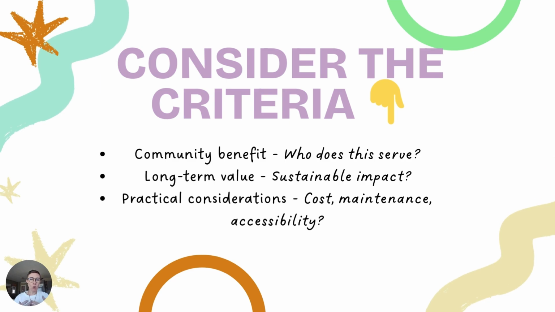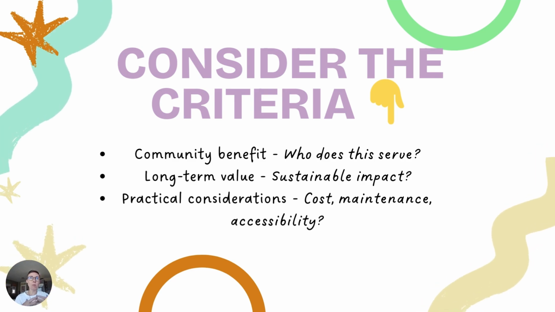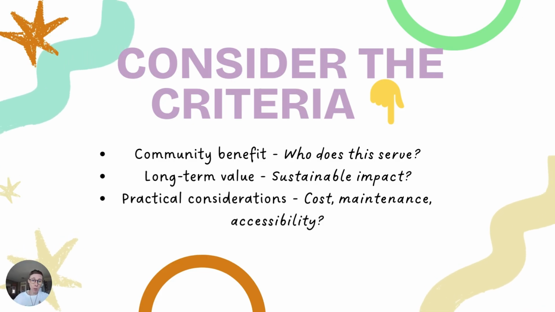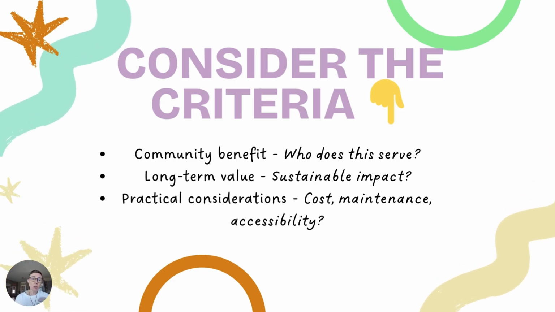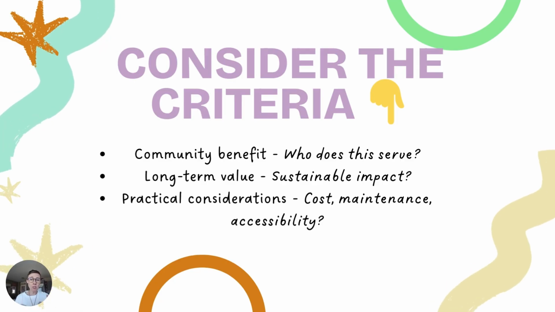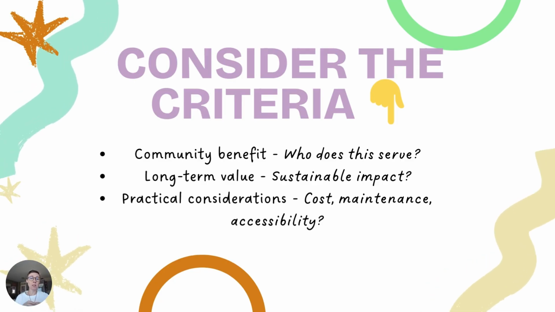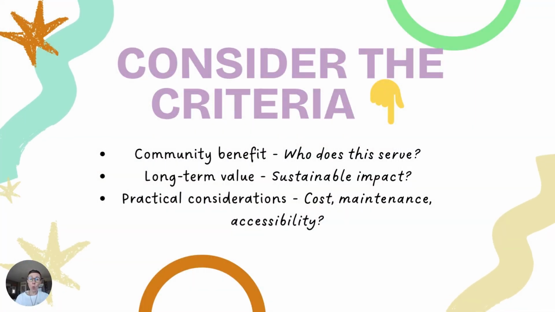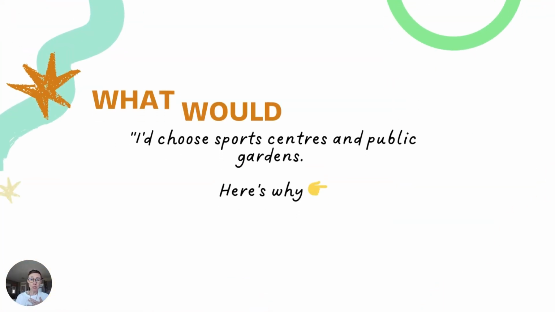Which of these has long-term value? By giving money to sports centres, is this going to have a long-term sustainable impact? And then we can also consider practical considerations, so cost, maintenance, accessibility, all of these things to give us things to write about.